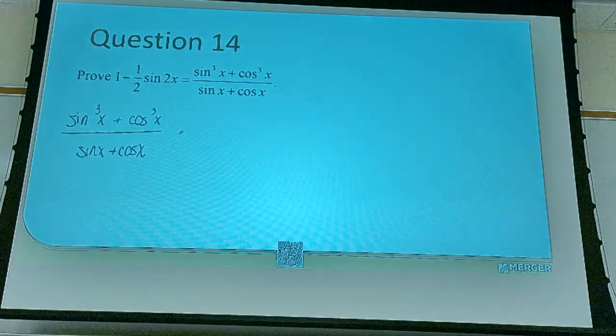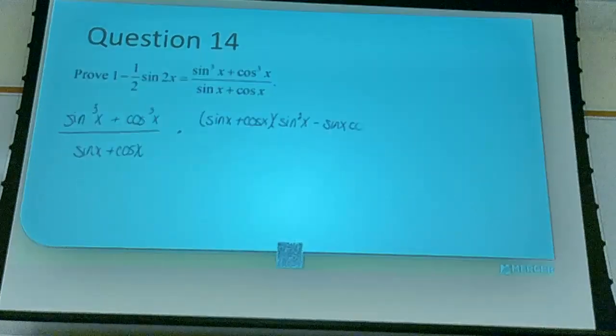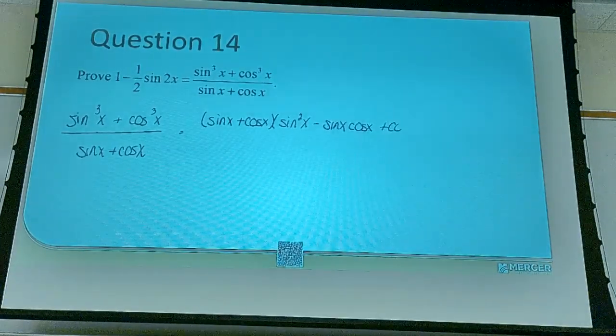Again, let's start with the right-hand side here. Not difference, sorry. Sum of cubes.